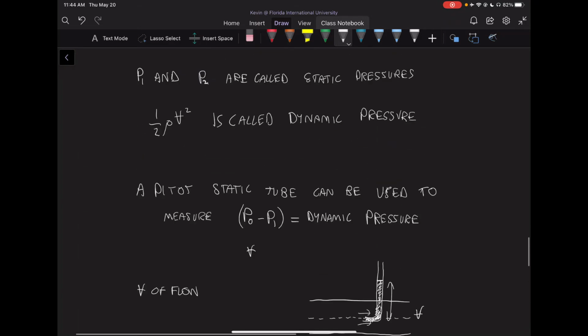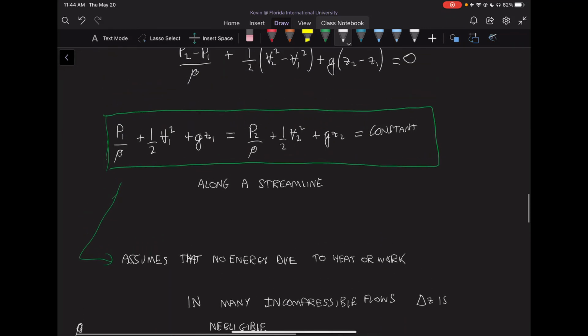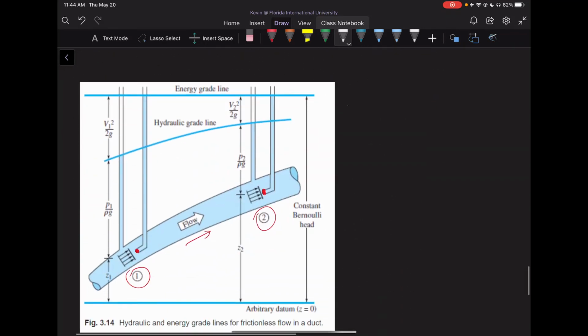so our equation for the Bernoulli equation is P1 over rho plus 1/2 V1 squared plus G Z1 is equal to a constant, okay, which is also equal to the same terms at point 2.